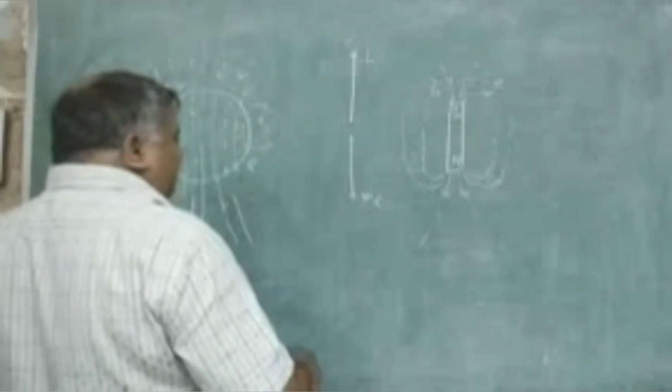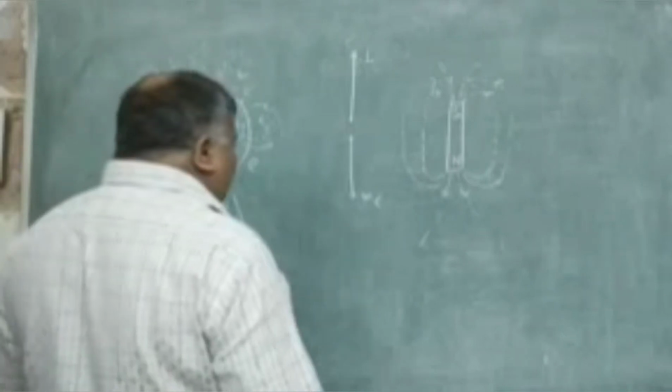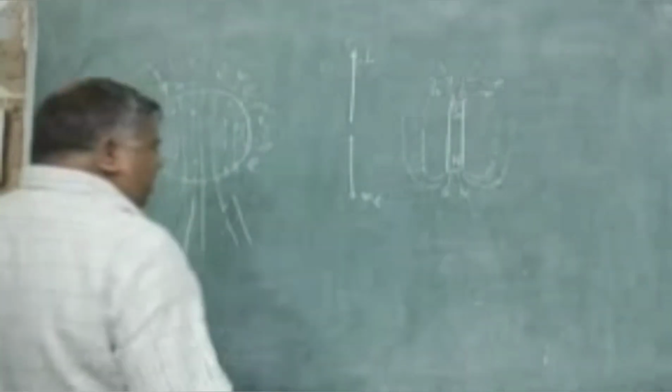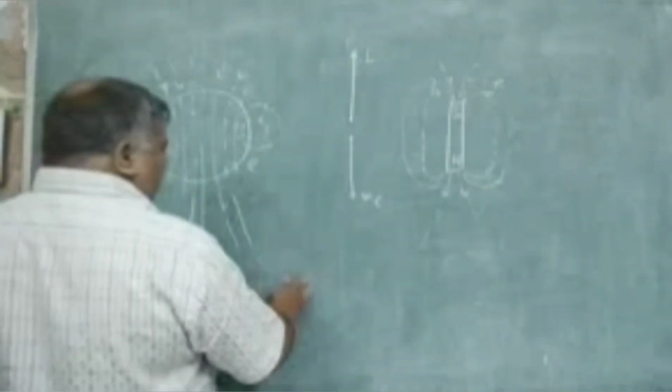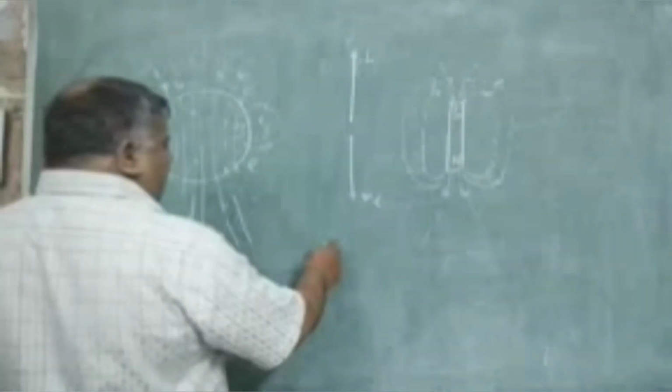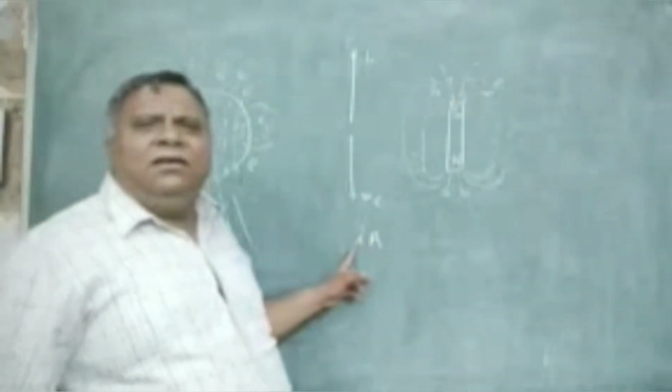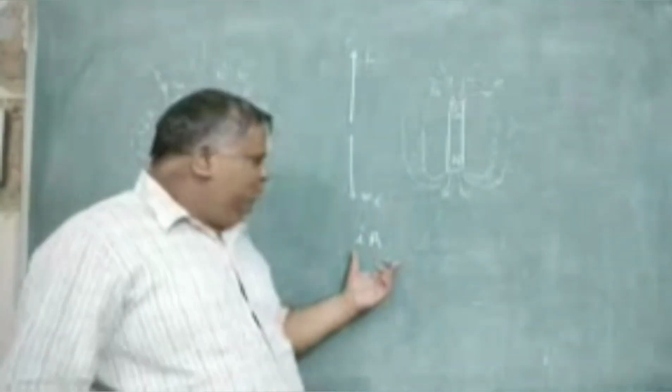Now this associated magnetic moment can be calculated, which is nothing else but I into A, where I is the current in the loop and A is the area of the loop.